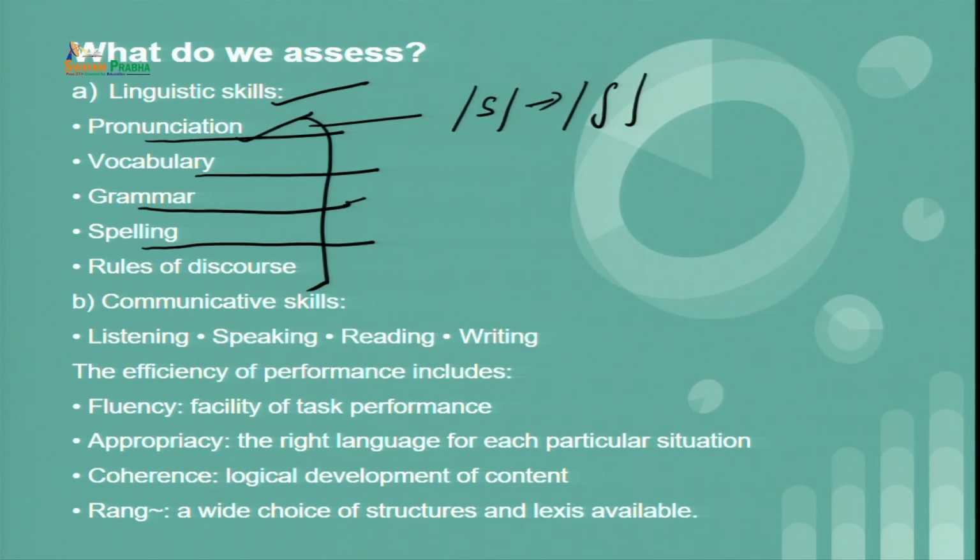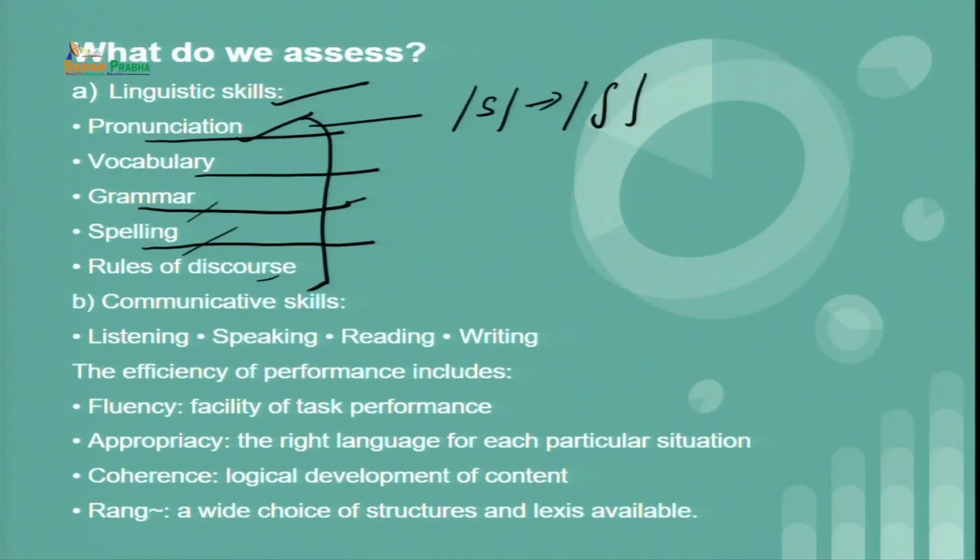When we look at a text or hear a second language learner, it is not merely one component we assess, but the whole scenario, and this whole scenario consists of pronunciation, vocabulary, grammar, spelling, and the role of discourse, which constitute a particular outcome.